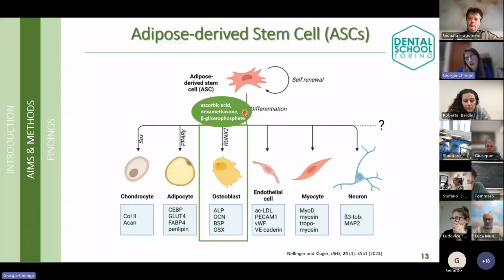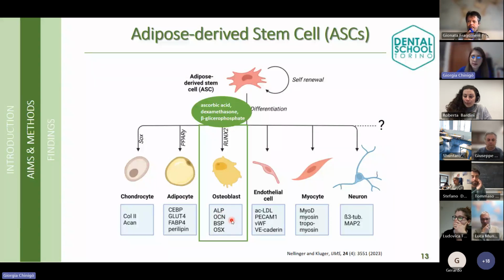Then the osteodifferentiation of ASC is driven by the upregulation of this gene, RUNX2, that for this reason can be used as a marker of their osteodifferentiation that ultimately results in the expression of some genes that are strictly associated with bone deposition, like the alkaline phosphatase, as I mentioned before.